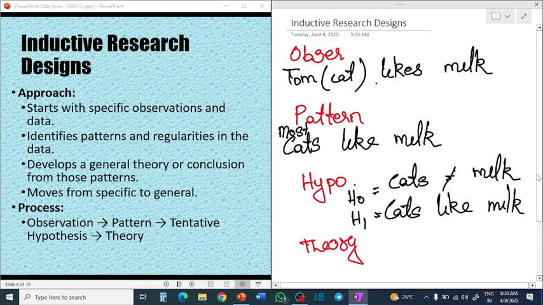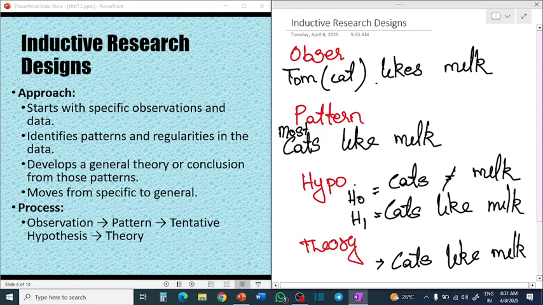After the hypothesis is developed and you have collected all the data, you will make the theory that cats like milk.